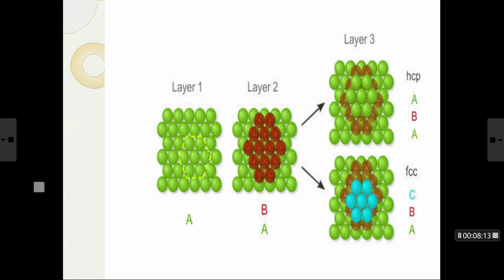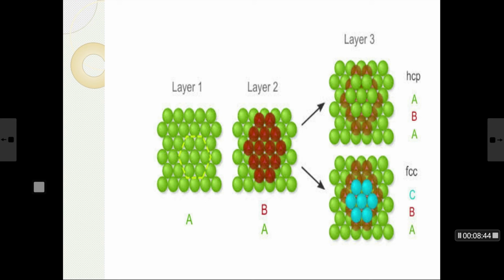Next, on placing the second layer, there arise two types of voids, that is tetrahedral voids and octahedral voids. In the next step, we are discussing covering tetrahedral voids and covering octahedral voids. In covering tetrahedral voids, the AB type of arrangement arises, that is called hexagonal close packing in three-dimensional, and the second type, ABC type of arrangement, is formed, that is CCP or FCC.